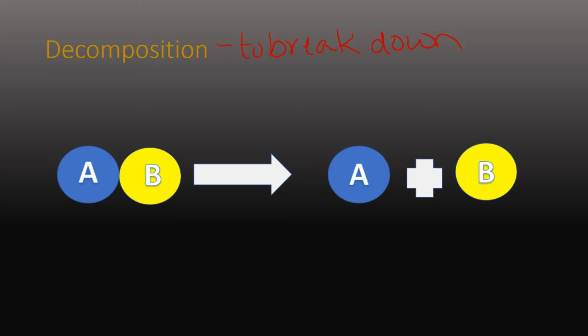So we start with our compound, and we wind up with our two different elements. So this is decomposition. So again, synthesis is building, putting them together. Decomposition is to break down or to separate. So synthesis to put together, decomposition to take apart.